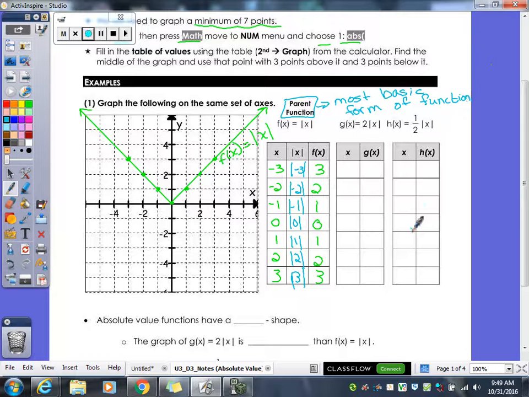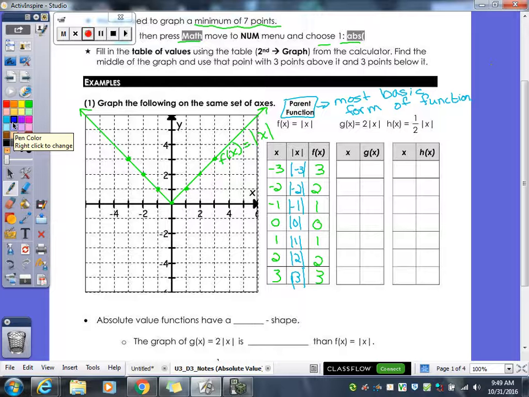So you have your parent function, and then it can move it all about the table. It can move it up, it can move it down, it can make it wider, it can make it more narrow, it can flip it upside down. But the plain old absolute value of x, that's our parent, that's the most basic form of it, and then we move everything from there.